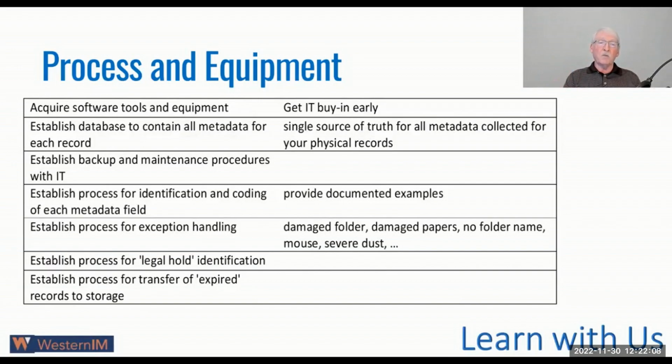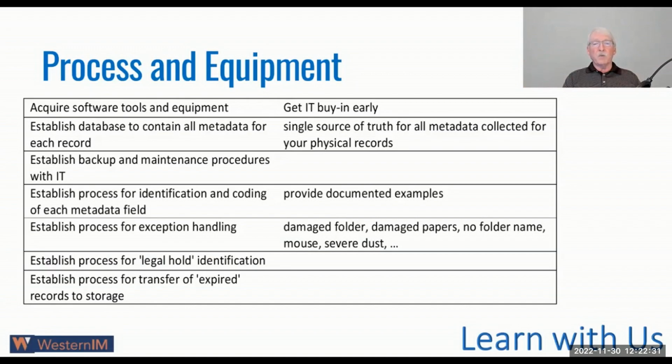Establish process, and this is all establishing process. Identification and coding of each metadata field. Process for exception handling. If a box is broken, what do you do? What does the process look like? Take a picture of it, get somebody to approve it, get some subject matter expert to look at the box. There needs to be a process set up for that type of thing.